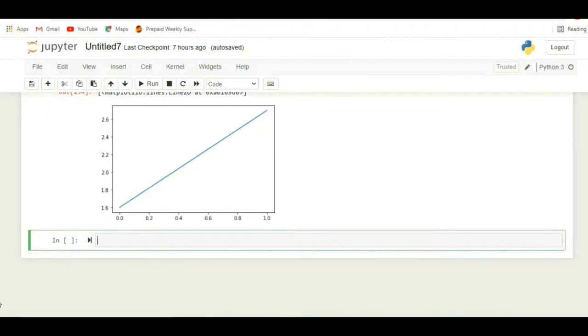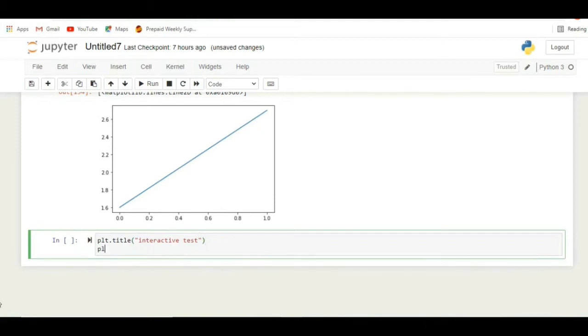Okay, now we are taking another code, and this code is plt.title. You can take any title, and you write it inside double quotation marks. Our title is "interactive test".